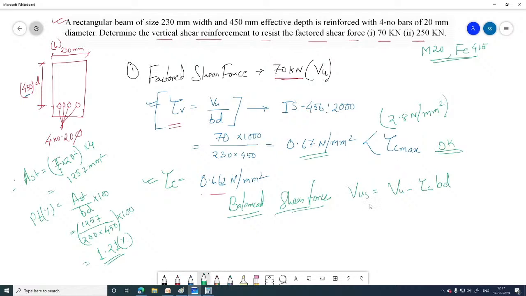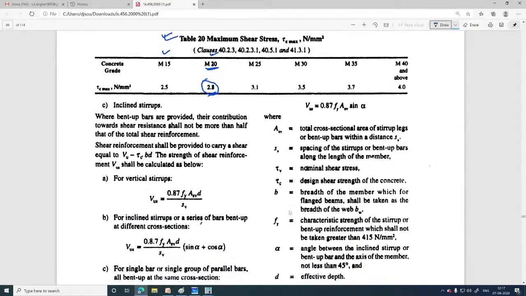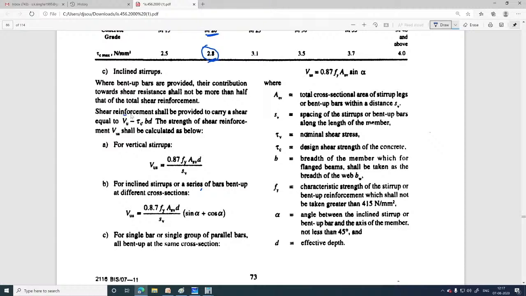Because we need to determine the shear reinforcement. So for that shear reinforcement we need this particular value. That is given also in the code. Let's see. Here you can see the shear reinforcement shall be provided to carry a shear equal to, that means this is the balance shear, and that is equal to VU minus tau c BD. Okay, so that is given here.